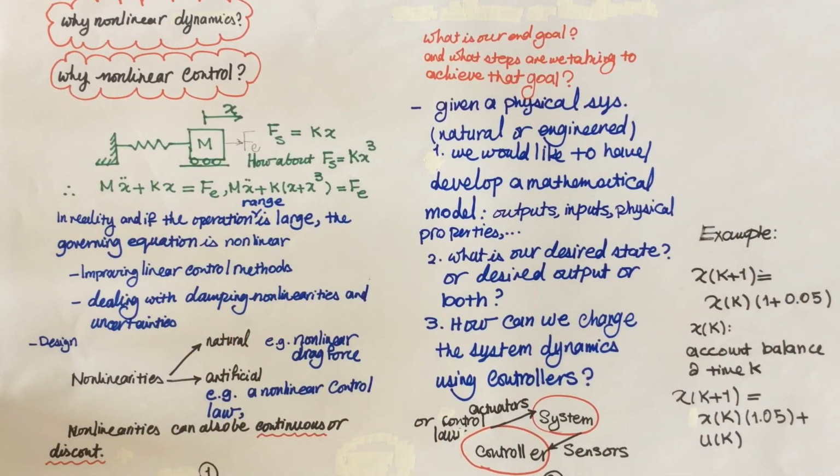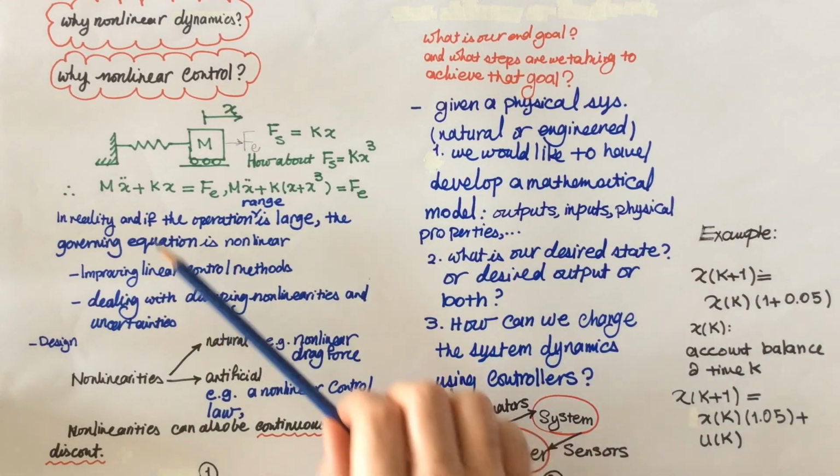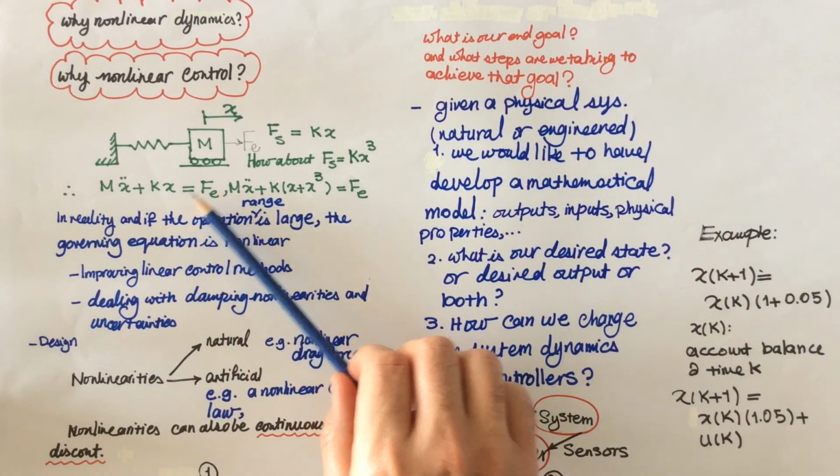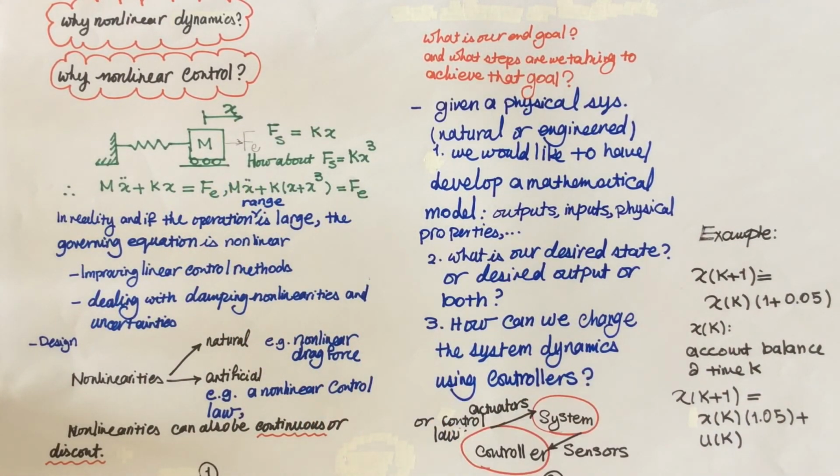k x is the restoring force created by a spring. Now, if the operation range is large, this k x, which is a linear function of displacement, right? Because k is a constant and x is our displacement. This is not enough to describe the restoring force.